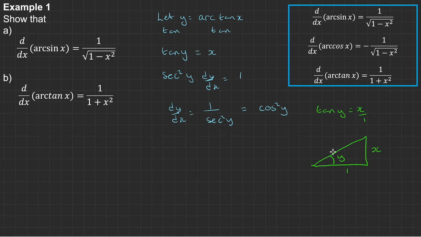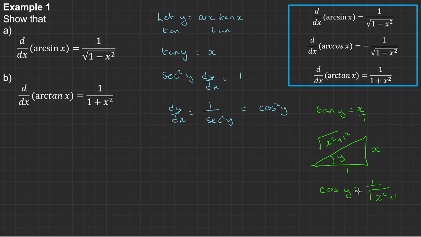So the hypotenuse will be the square of the two shorter sides, square rooted. So x squared plus 1 squared, or x squared plus 1. So now from this triangle, we can work out cos y. This will be the adjacent 1 over the hypotenuse, the square root of x squared plus 1.